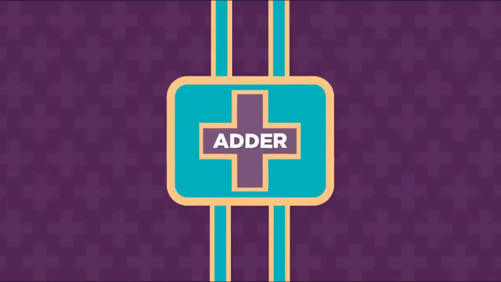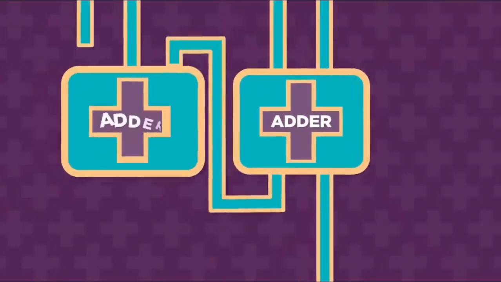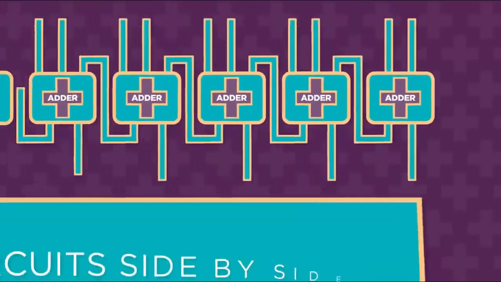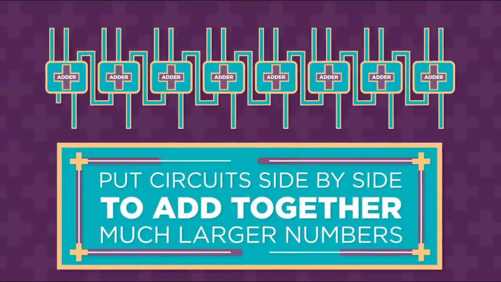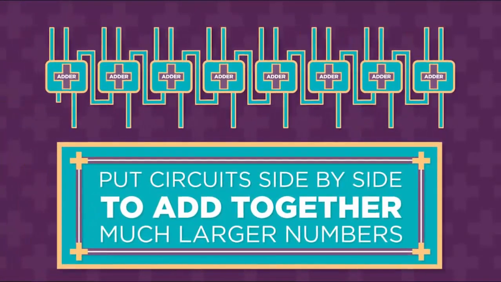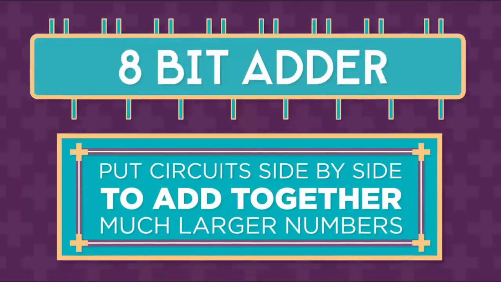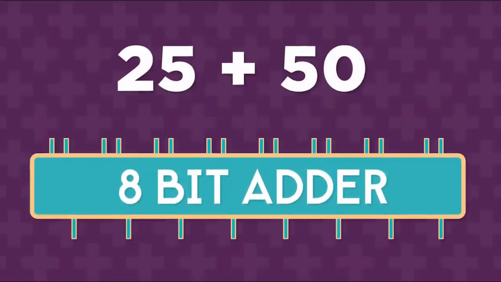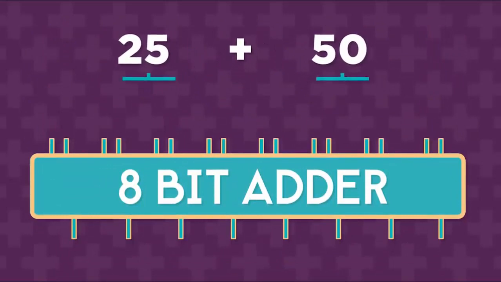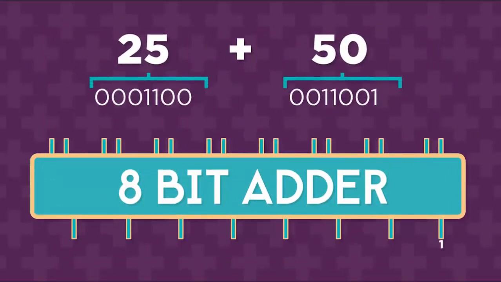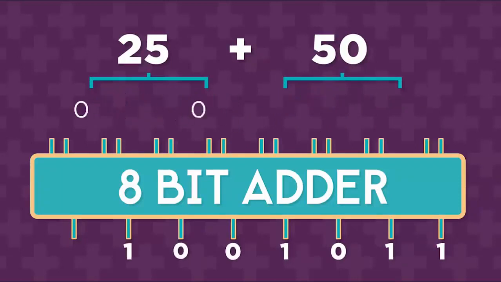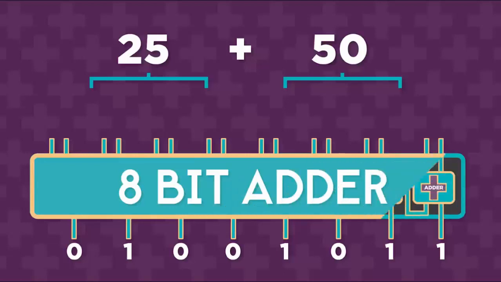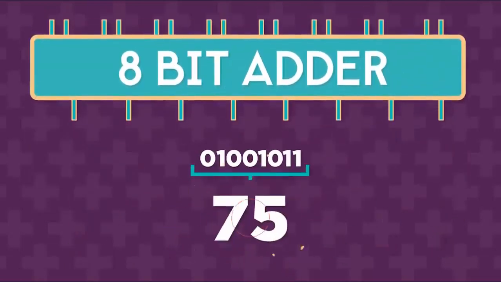Once you have a single adder for adding two bits of information, you can put together multiples of these adder circuits side by side to add together much larger numbers. For example, here's how an 8-bit adder adds the numbers 25 and 50. Each number is represented using 8 bits, resulting in 16 different electrical signals that go into the circuit. The circuit for an 8-bit adder has lots of little adders inside of it, which together calculate the sum.